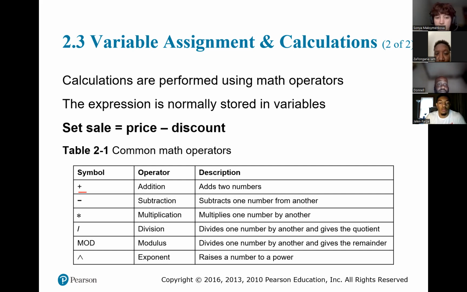The plus sign is addition, the minus sign is subtraction, the star is multiplication, the slash is division, and I'll focus on mod in a little bit because it's a different function that you are not familiar with yet. And the arrow looking thing is an exponent, so you're going to raise a number to a certain power. These are all the symbols that you should be familiar with, but I'm sure you've seen them before. It's nothing new to you.